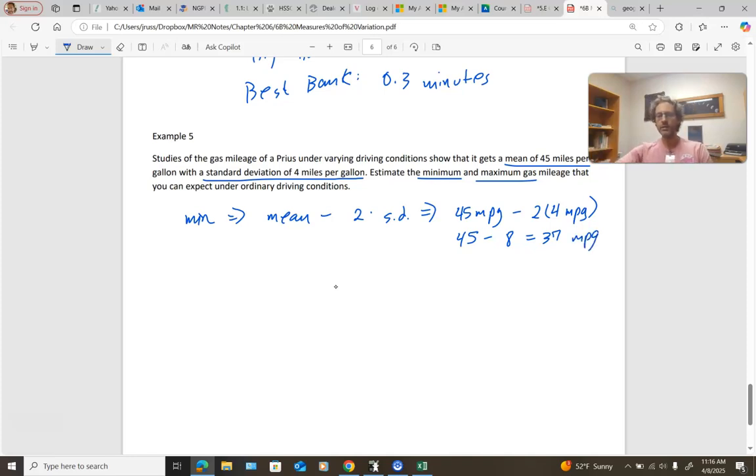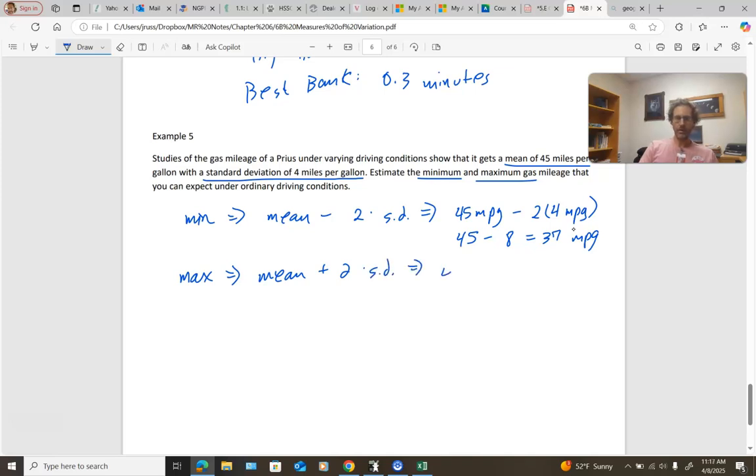This is interesting because we don't actually have the data to look at. If we had the data, we could just look and see what the minimum was. But we can use that range rule of thumb to give us an estimate that probably the lowest value in that data set they used to find the mean and the standard deviation was around 37 miles per gallon. And then the estimated maximum fuel economy would be the mean plus 2 times the standard deviation.